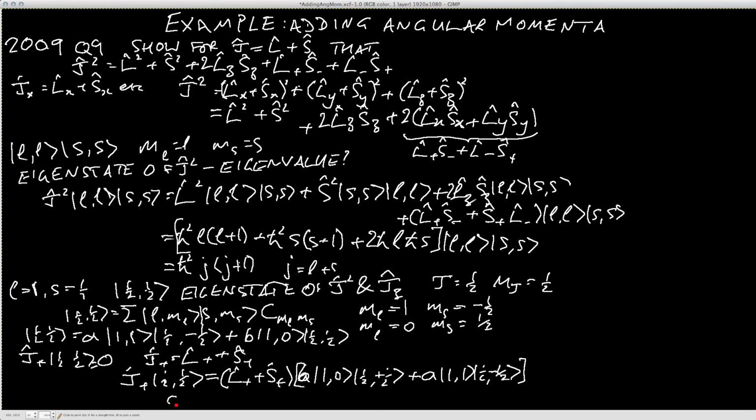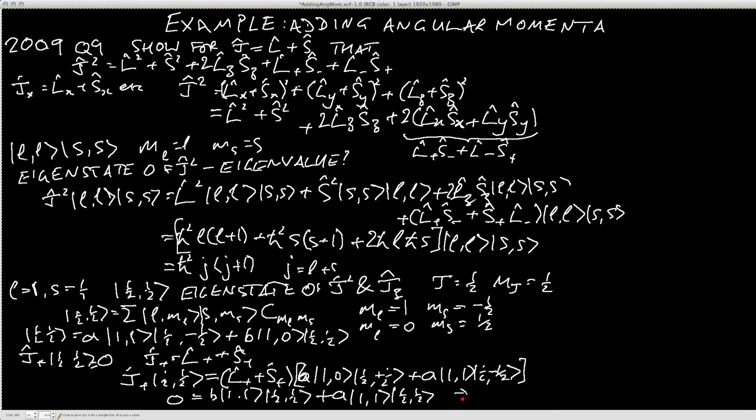So we find that 0 is equal to B 1, 1 a half a half plus A 1, 1 a half a half. All the other terms cancel.